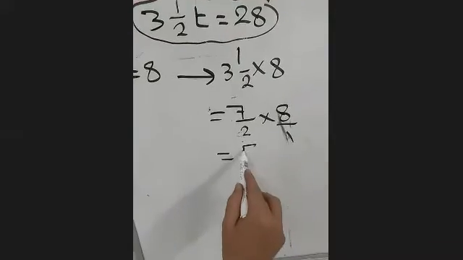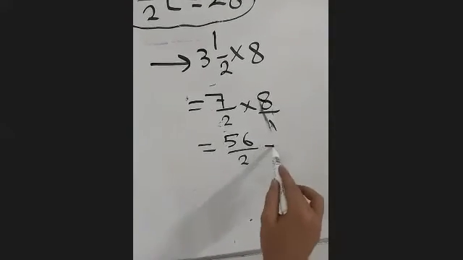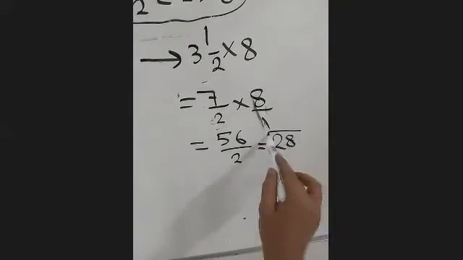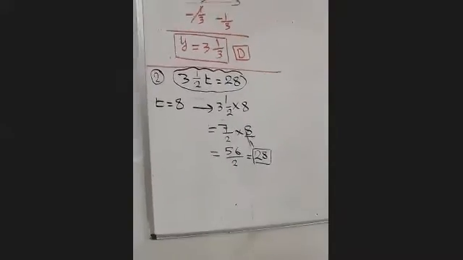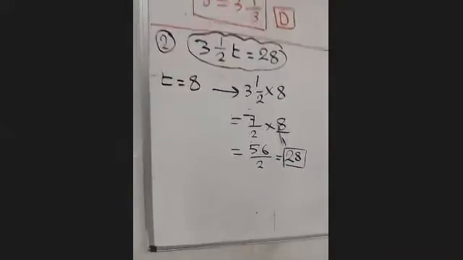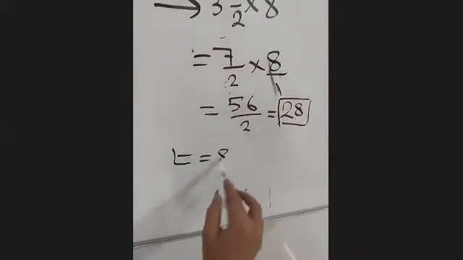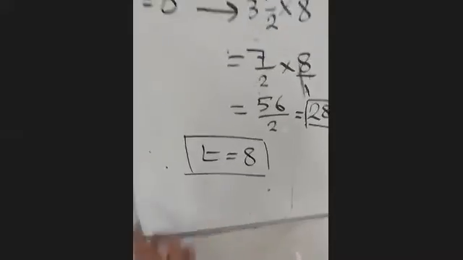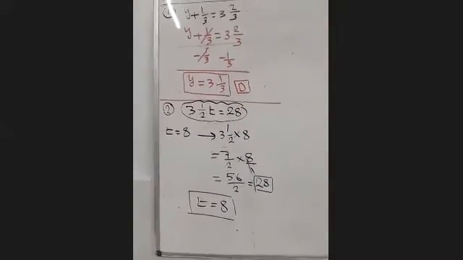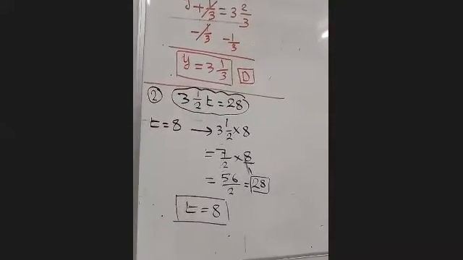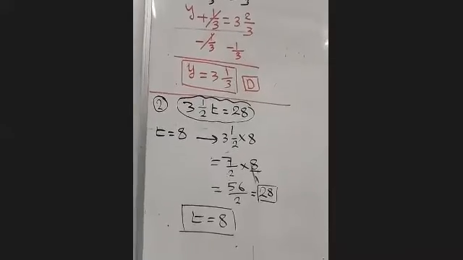It will be 56 over 2, which is exactly 28. So t equals 8. This is the correct guess. Got it? Do you understand it?